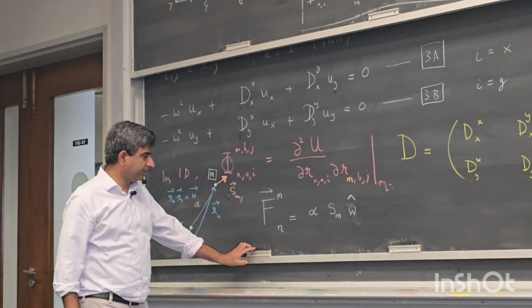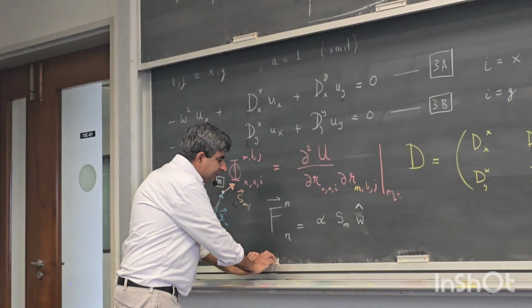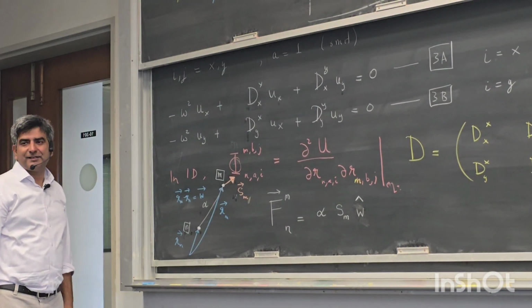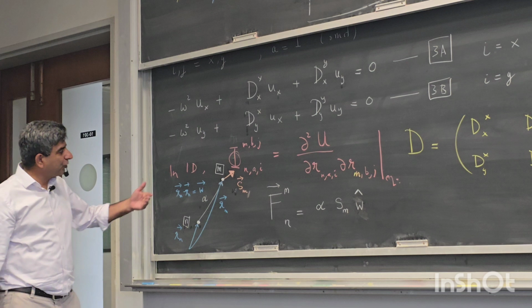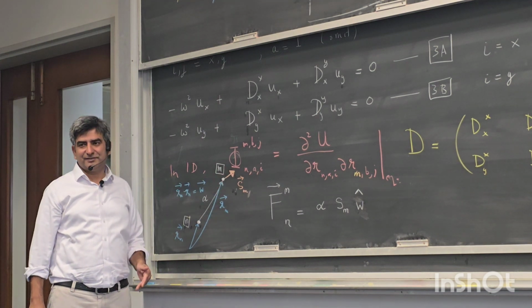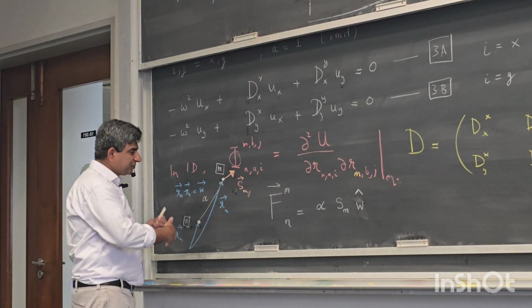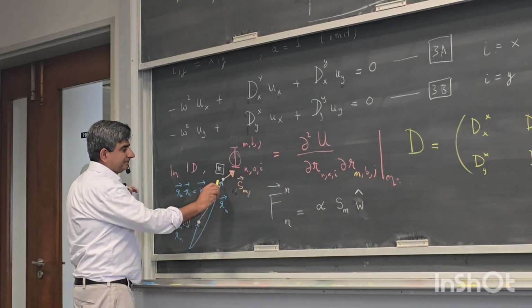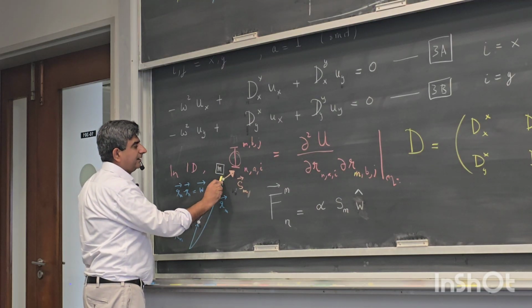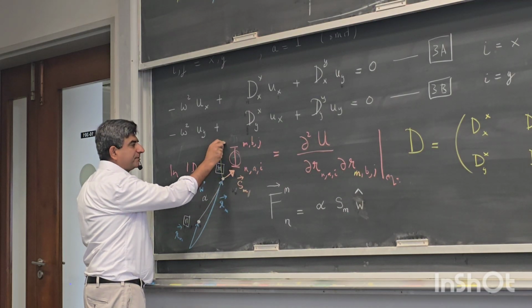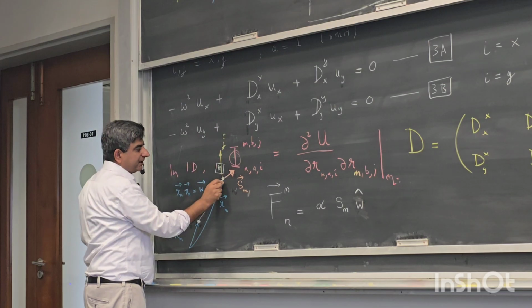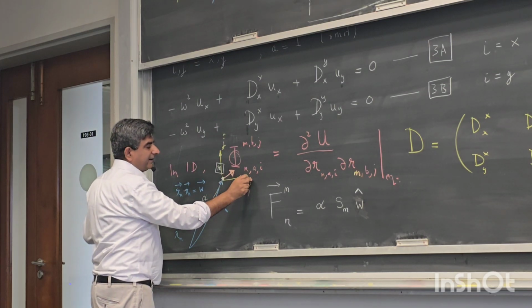Now let's take this idea a bit forward. Suppose the atom m moves along the j direction, some arbitrary j direction, and there is an i direction.